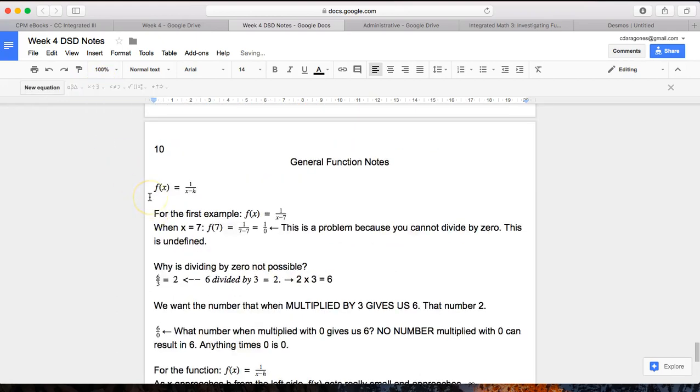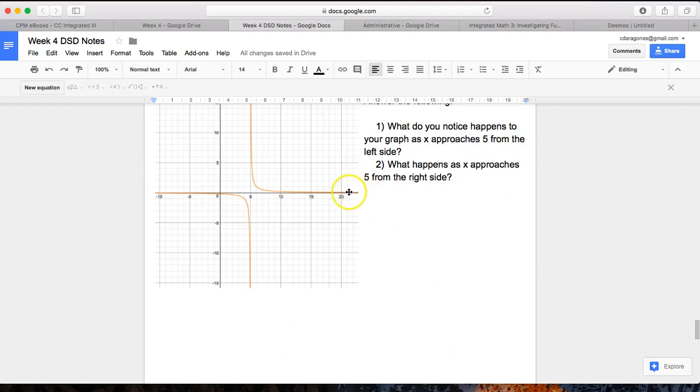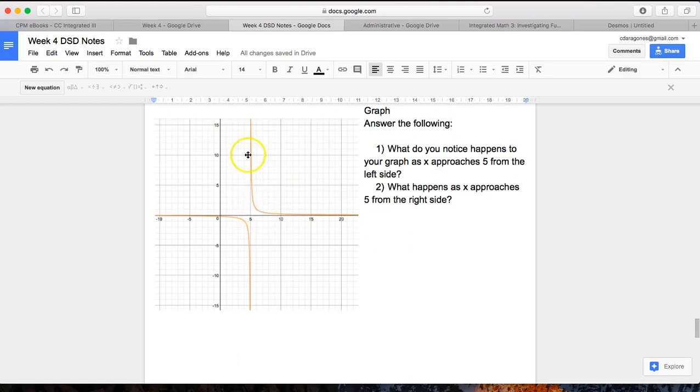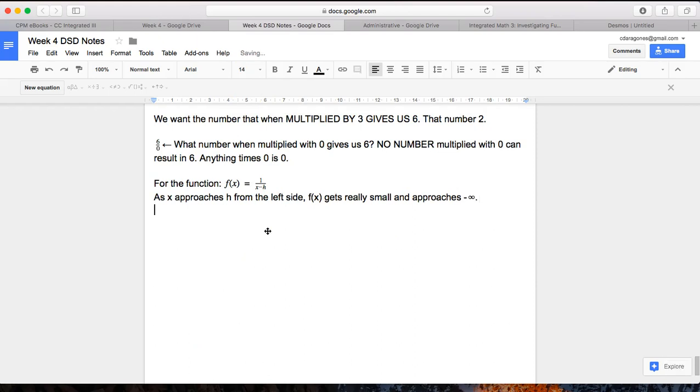As x approaches h from the right side, so as we get closer to the value of h, let's say h equals 5, our f of x becomes really, really big. It approaches positive infinity. So as x approaches h from the right side, f of x gets really big and approaches positive infinity.